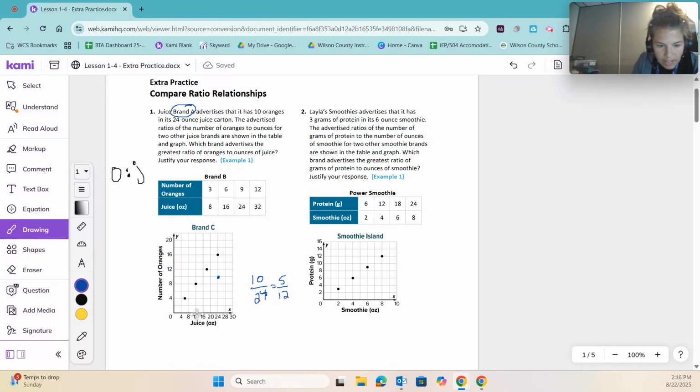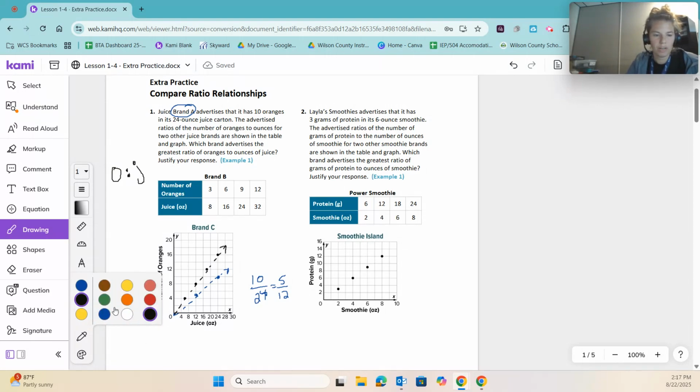So 12 ounces is going to have 5 oranges. Plot that point right there. And it's going to also have 0 for 0. So you can kind of see that ratio there. And then I'm going to draw a line through C. Right here, we can kind of see that.